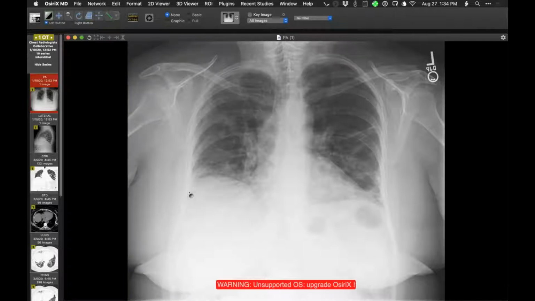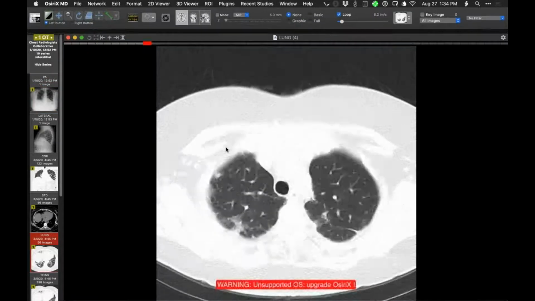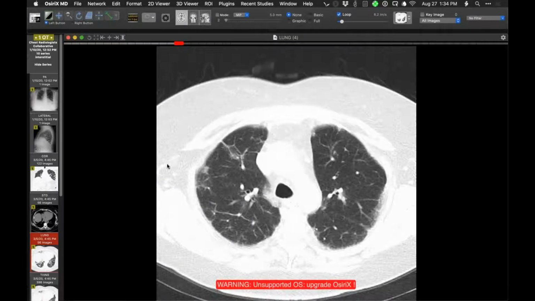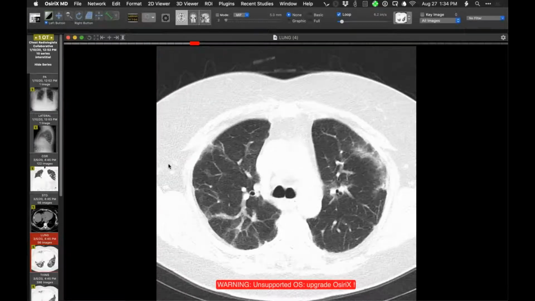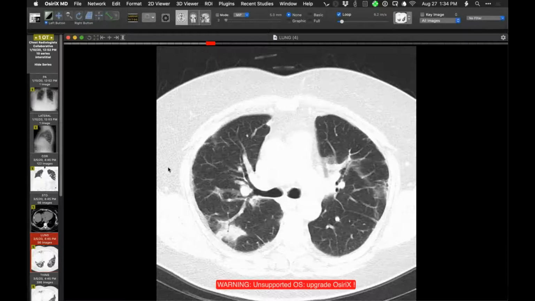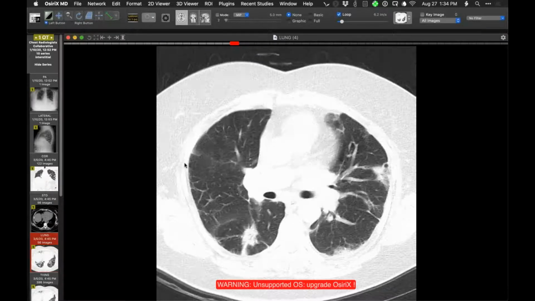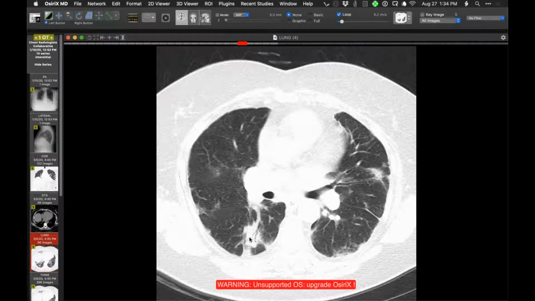So here are some images from a couple months later. I'll just give you the big picture on these relatively thick images. So we have multifocal, multi-lobar, geographic ground glass attenuating opacities. In some regions like this, the opacities are more attenuating, more consolidative.